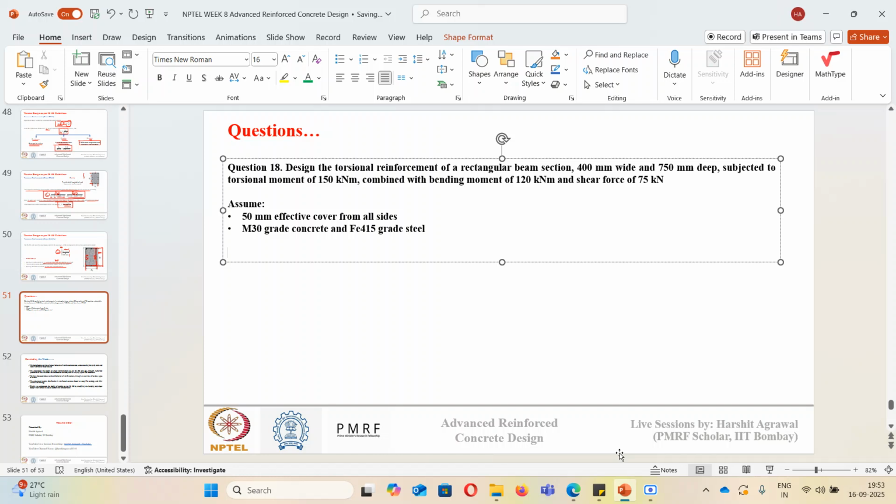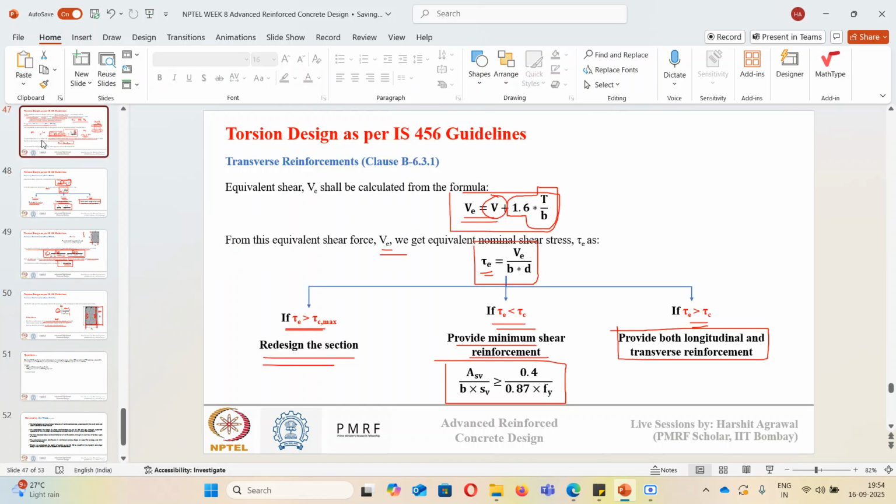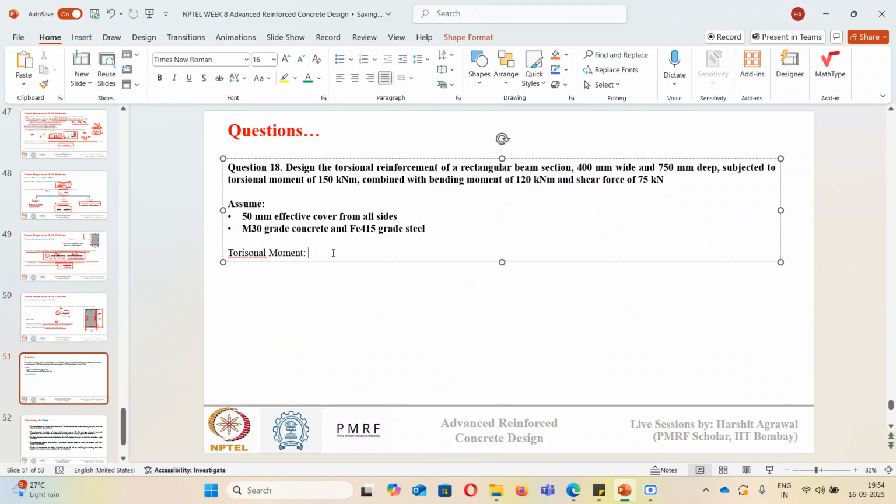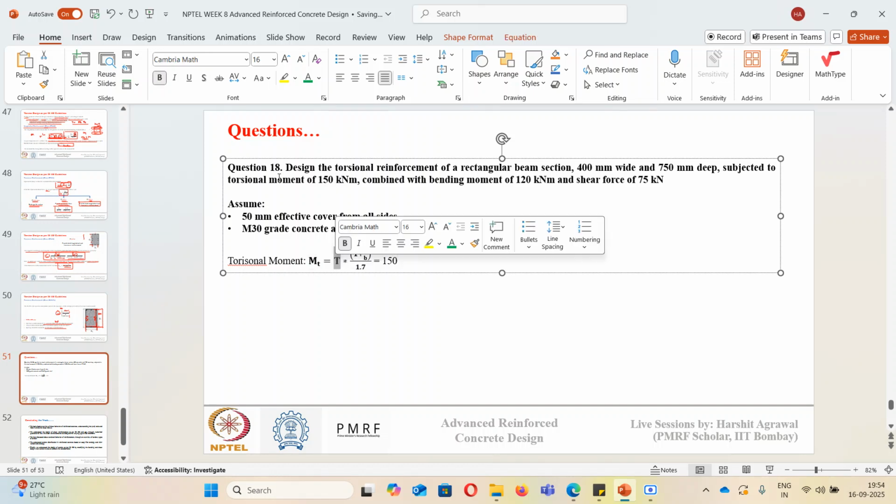First I will calculate the torsional moment, how much torque is generating. The torsional moment, we saw, is given by this formula. I will just copy the formula: Mt = T times (1 + D/B) divided by 1.7. Torque is given to us in the question, it is 150 kilonewton meter. This is how the torsional moment is converted into bending moment.